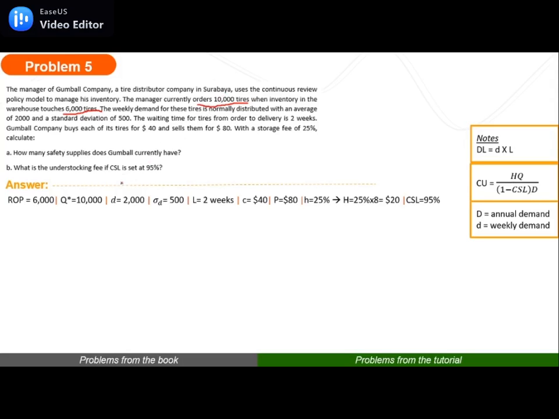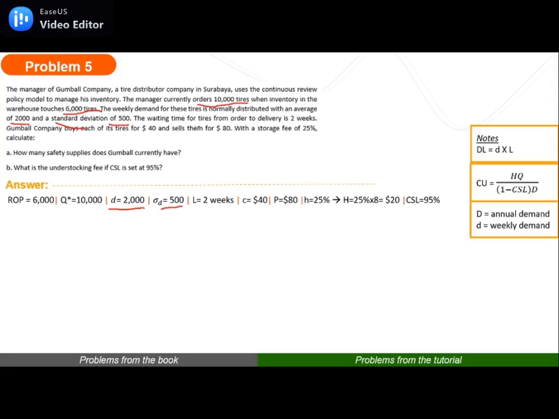And then it has a weekly demand that is normally distributed with an average of 2,000. So we can write it here, the little d, because it is in weeks. And then the standard deviation is 500.